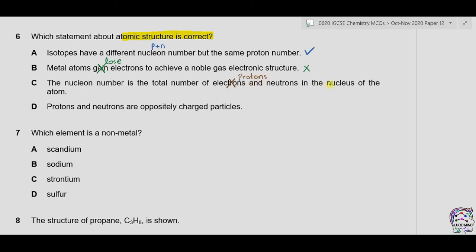Electrons are not present in the nucleus, they are present in the shell. So C is incorrect. D. Protons and neutrons are oppositely charged particles. This is incorrect because protons and electrons are actually oppositely charged particles. Neutrons have no charge. The answer is therefore A.